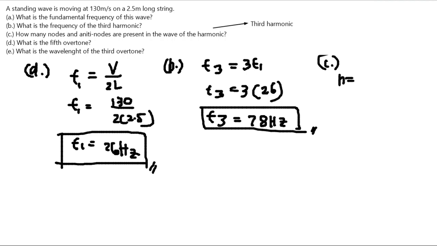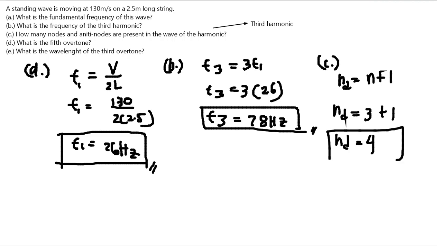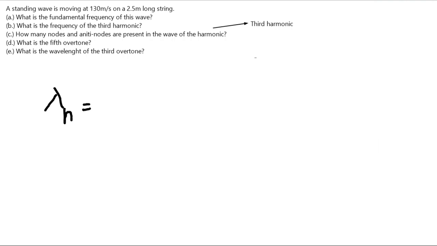So the nodes, let's call this N sub D, N plus 1. So we all know what N is. This is 3. We're finding 4. So the nodes is 4. And the antinodes, in order to calculate that, let's call this N sub A. It's just basically 3.